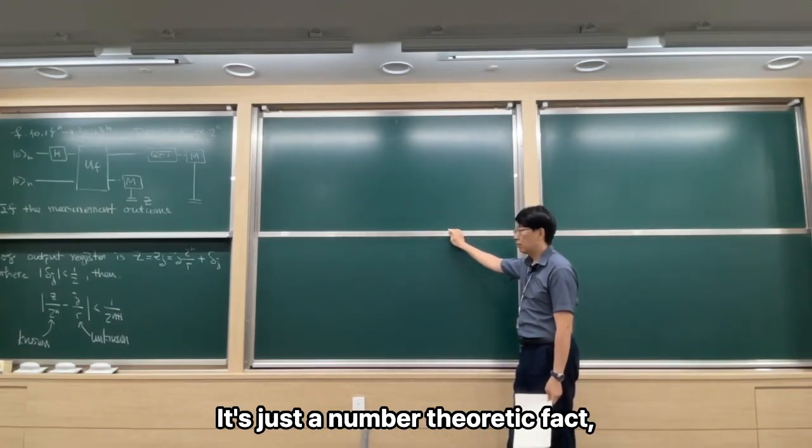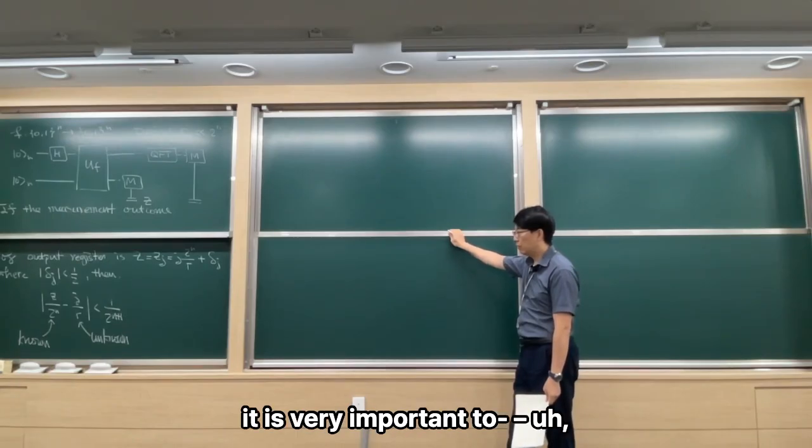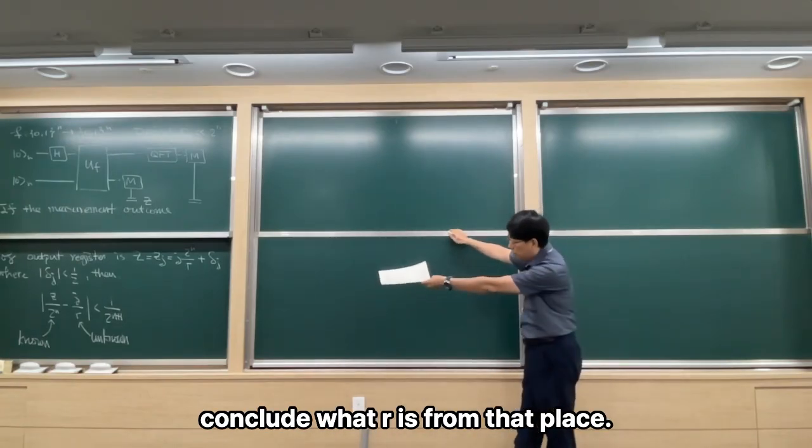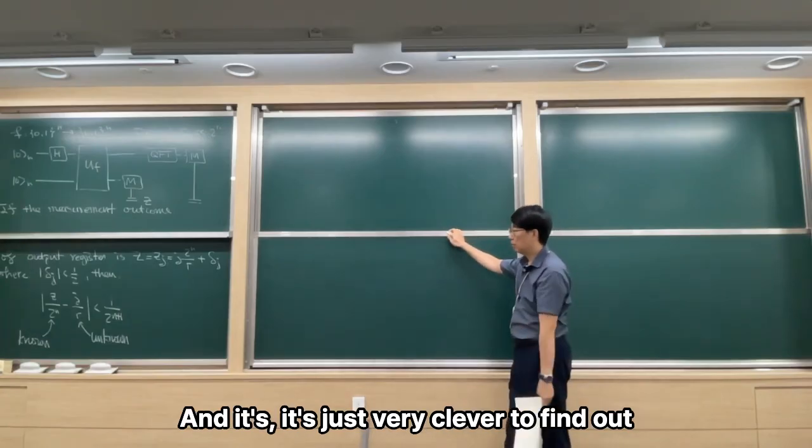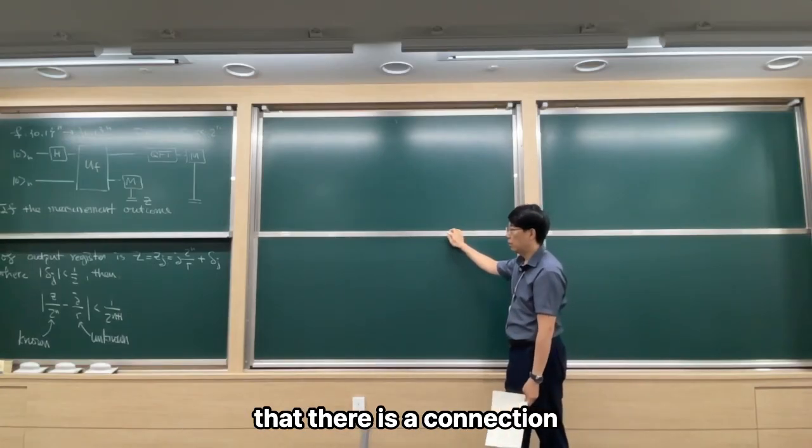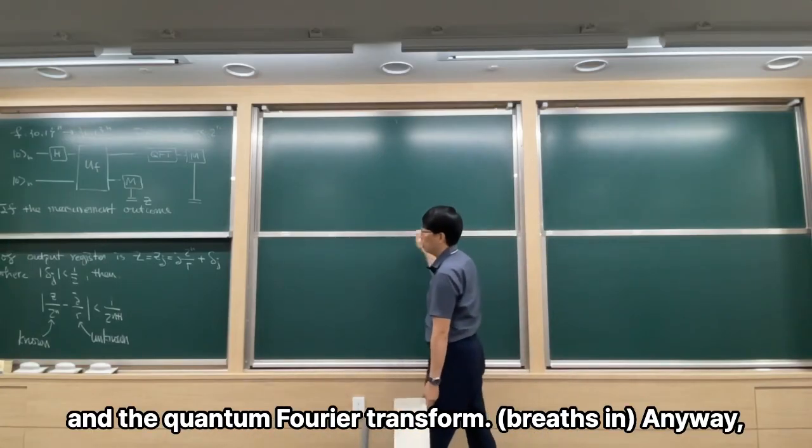It's just a number theoretic fact. And miraculously, it is very important to conclude what r is from that. It's very clever to find out that there is a connection between number theory and the quantum Fourier transform.